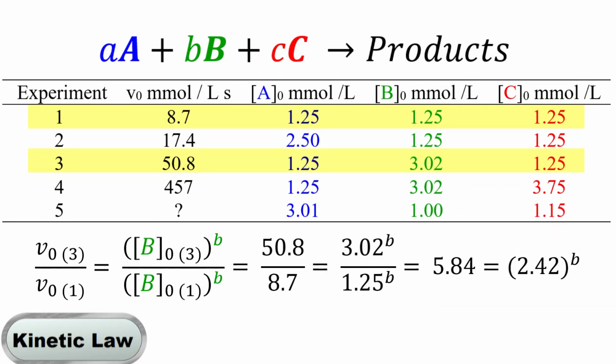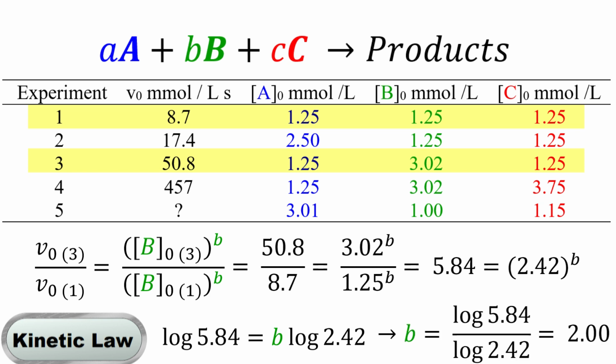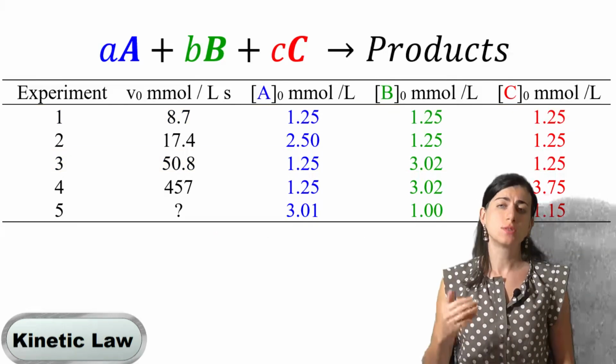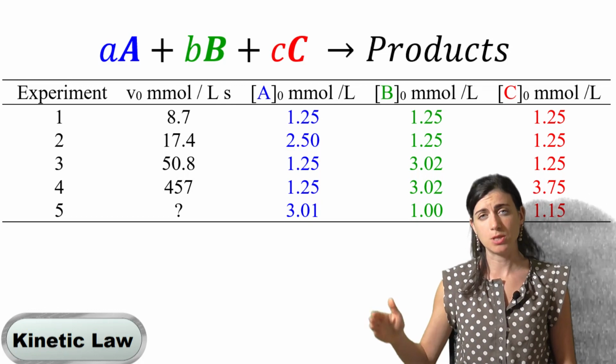Now, to obtain the value of B, it's somewhat more complicated because we have an exponential equation. To resolve this exponential equation, we can use logarithms. So our equation will become this one. And now it's easy to understand that B is given by the ratio of these two logarithms, which is equal to 2. So now we also have the second order with respect to the species B.